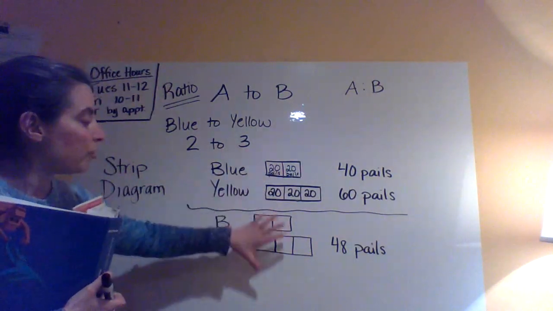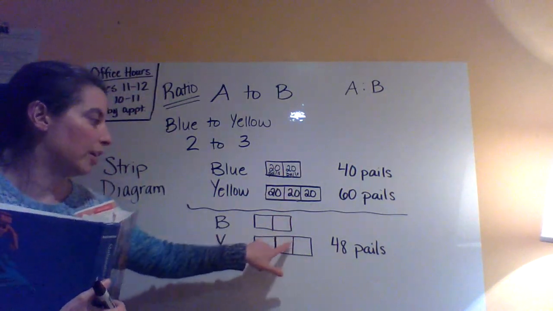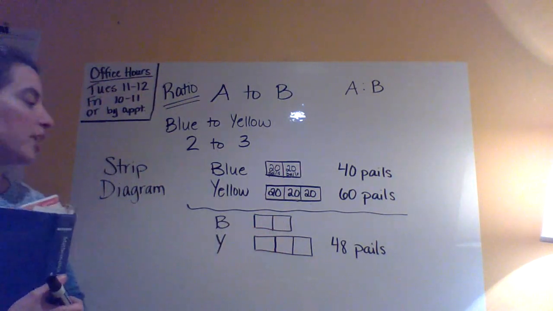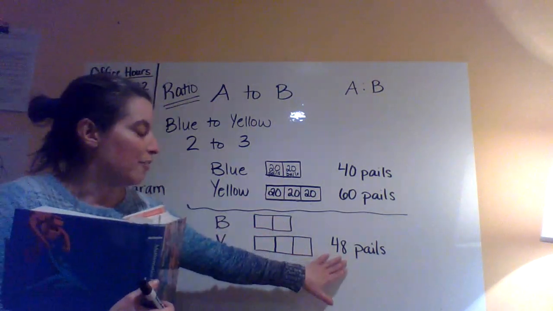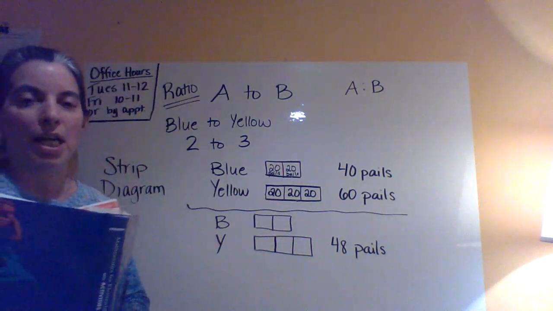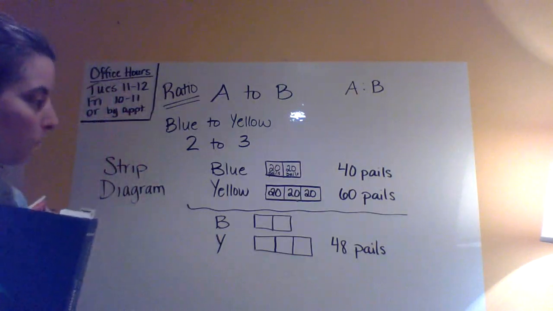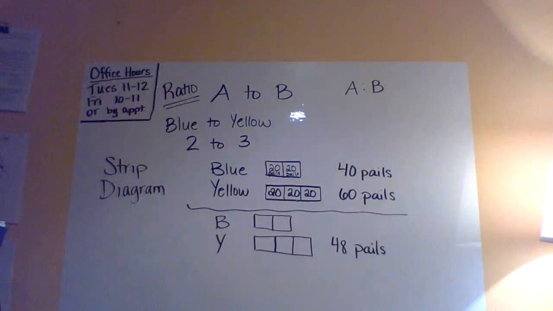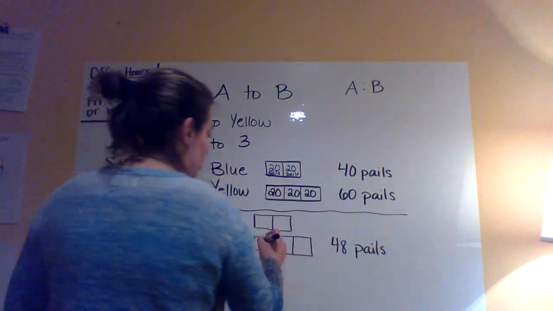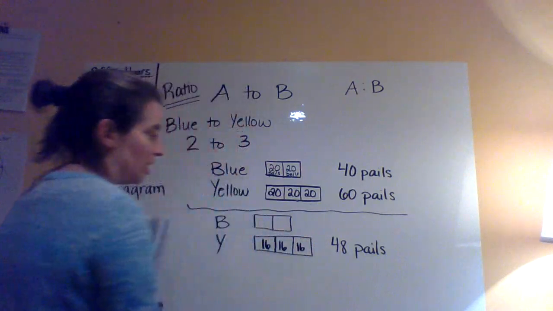Well, since I know this ratio of 2 to 3, if I can figure out how much each of these parts is, then I know these parts have to be the same. Okay. So take a minute and figure out, if I have to take 48 and I can split it equally into 3 parts, how much will each of those parts be? So hopefully you're thinking about taking 48 and dividing by 3. If I do that, I get 16. So each of these little groups is going to be 16.